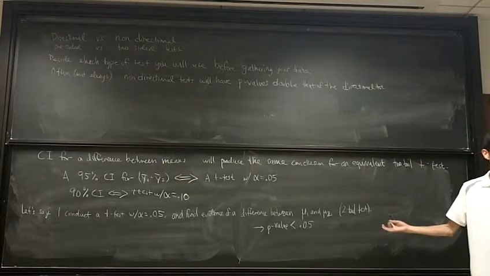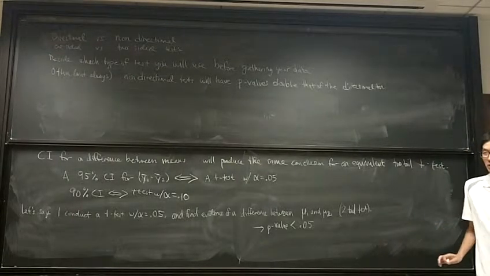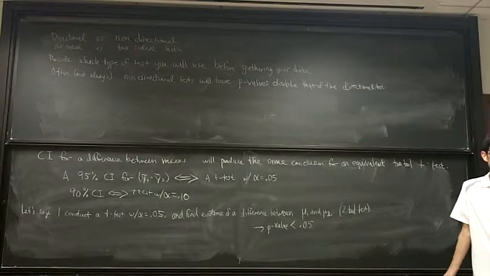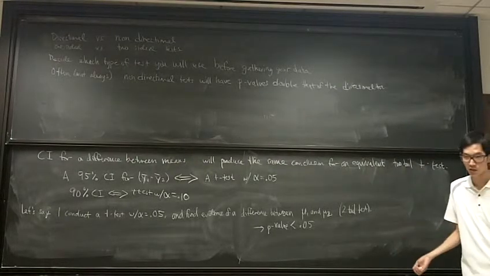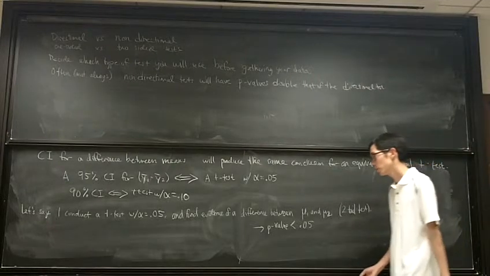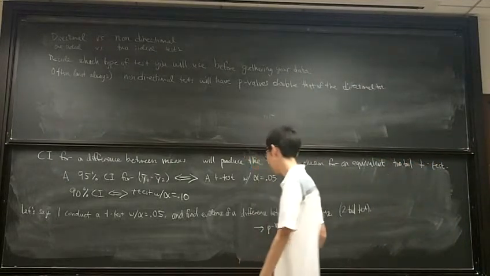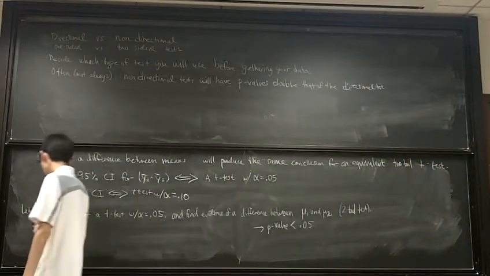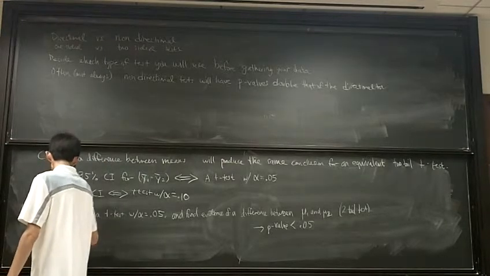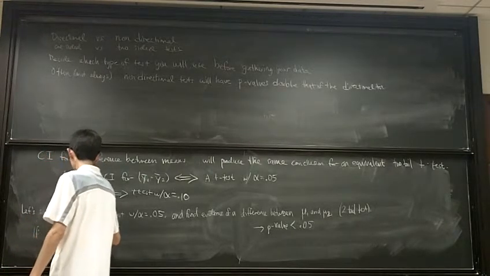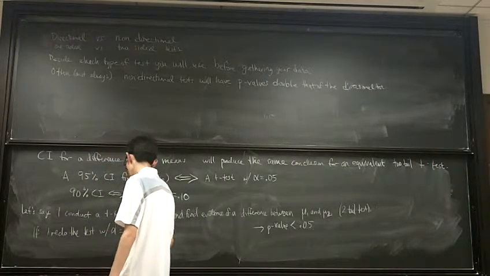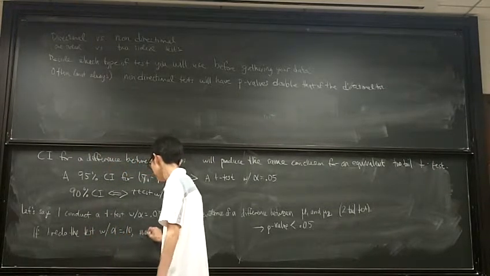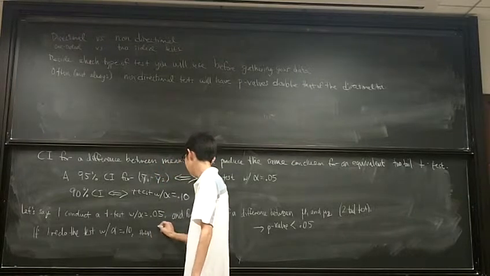Alright, so if I redid the test with alpha equal to 10%, is my p-value smaller than alpha? Yes. Okay, because my p-value is smaller than 5%, it's surely smaller than 10%. So if I redo the test at 10%, then I will reject.